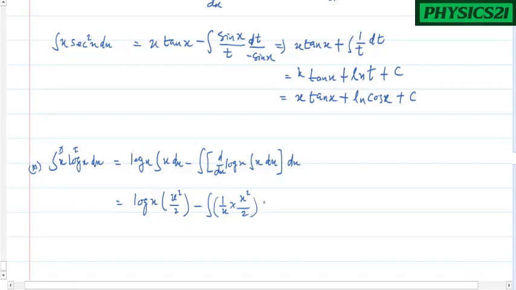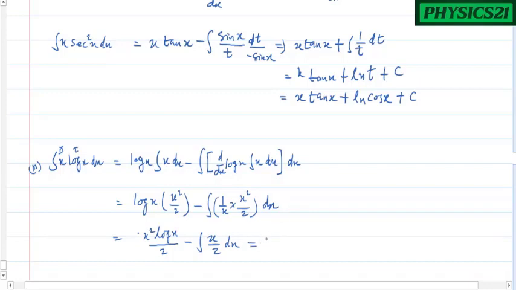Then we further integrate and get x square log x divided by 2 minus integration of x divided by 2 dx.